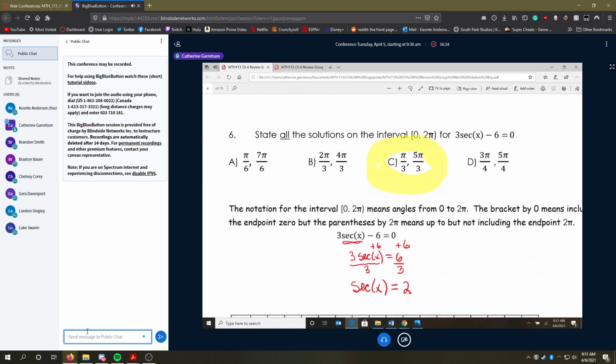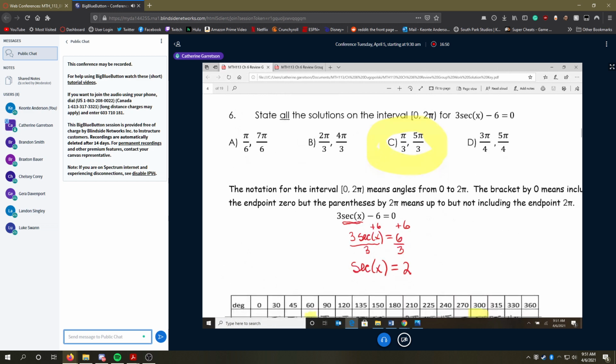So now I know that the secant, I'm looking for the angle that produces a secant value of 2. Now this again says if the answer was 0, I could specify 0 all the way up to 2 pi, but it says a parenthesis means do not include the 2 pi.